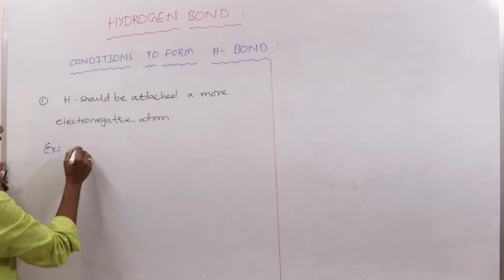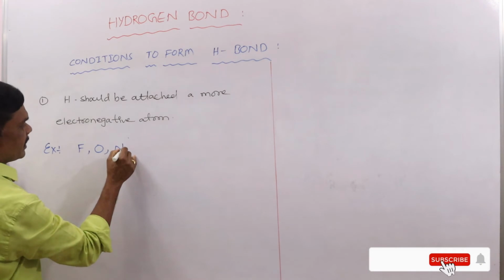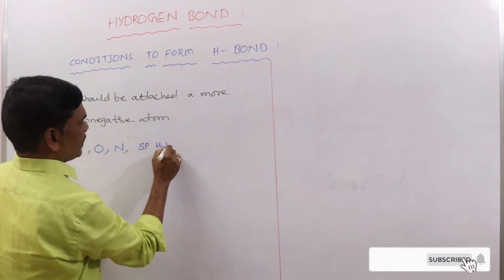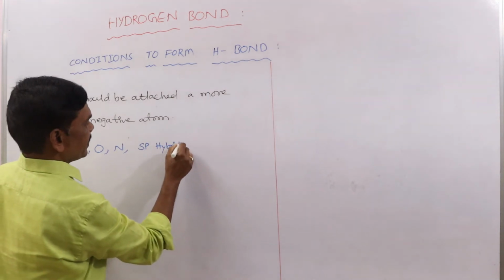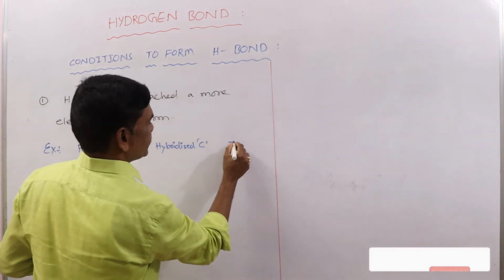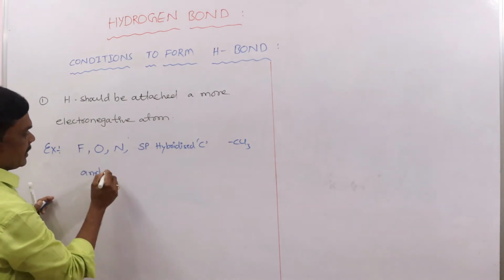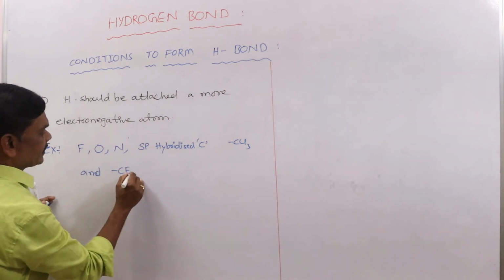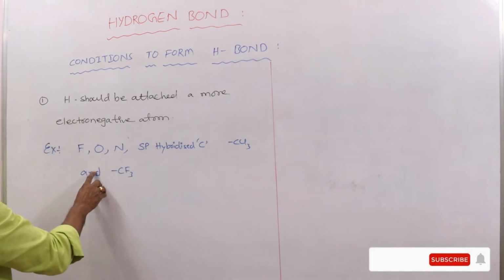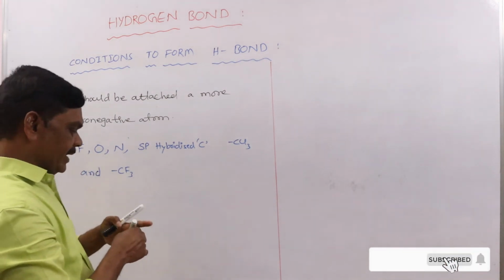Examples: highly electronegative atoms like fluorine, oxygen, nitrogen, sp hybridized carbon, CCl3 and CF3. So these are highly electronegative atoms.